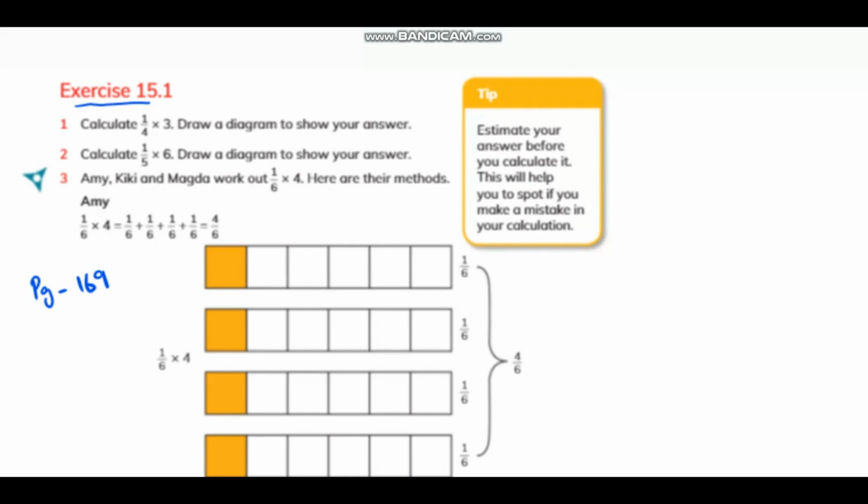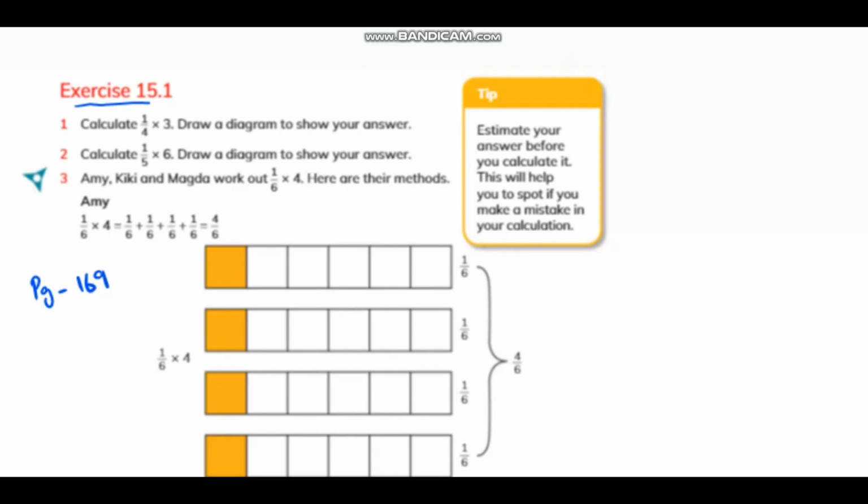Let's move to the first question. In the first question he says calculate 1 by 4 multiply 3. I told you today we are going to multiply with fractions. This is the fraction form, and then we have to multiply with this number, which is 3.